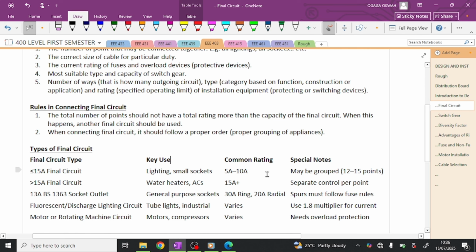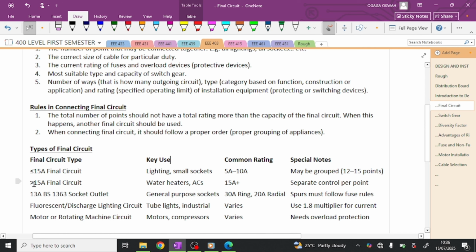Then of course you may group them, maybe like 12 to 15 points. We understand what grouping means: connecting all lighting to this particular final circuit, and all small sockets to this particular final circuit. That's what we mean by grouping.